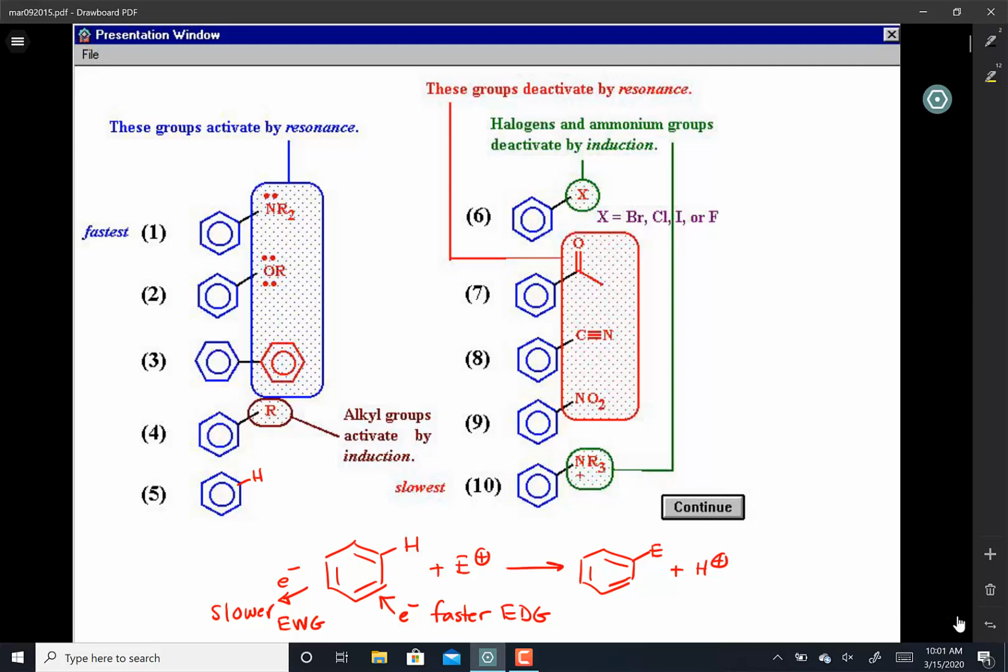So if we go through that, a nitrogen attached to the ring will be more reactive than an oxygen, which will react faster than a benzene ring, reacting faster than an R group. So these 4 groups right here we call activating groups.